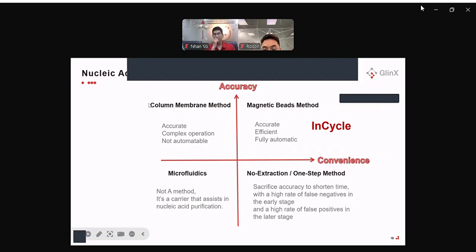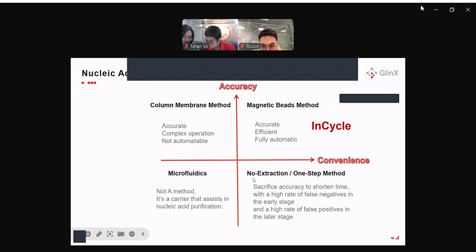For the first method, the column membranes method is widely used within labs, and this kind of method cannot be automated. So the convenience of this kind of method is not really high because it is not automatable. And for the microfluidic technology, it is not a method, so we actually do not need to compare it with other methods.